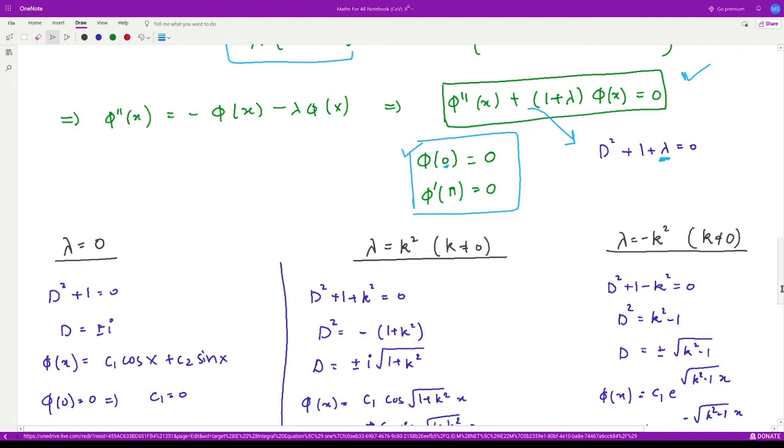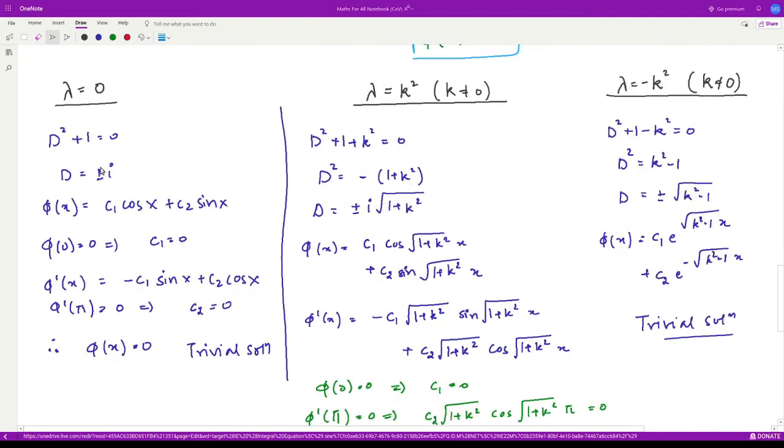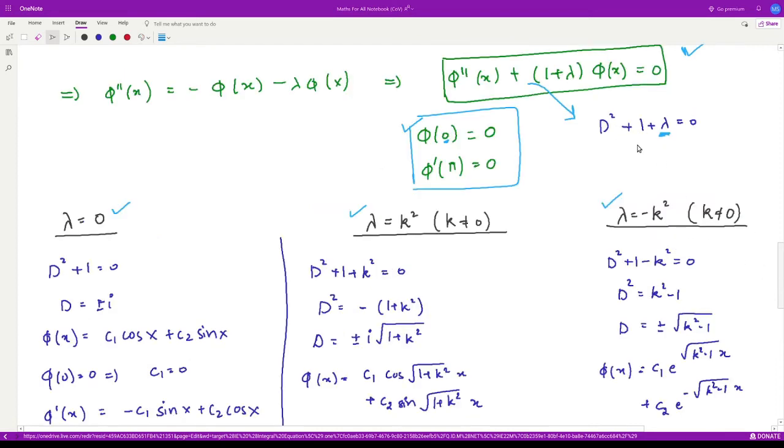So let us see what if lambda is 0, what if lambda is positive, what if lambda is negative. When lambda is 0, our auxiliary equation becomes D square plus 1, that is D is equal to plus minus iota. So in that case, we have c1 cos x plus c2 sin x.